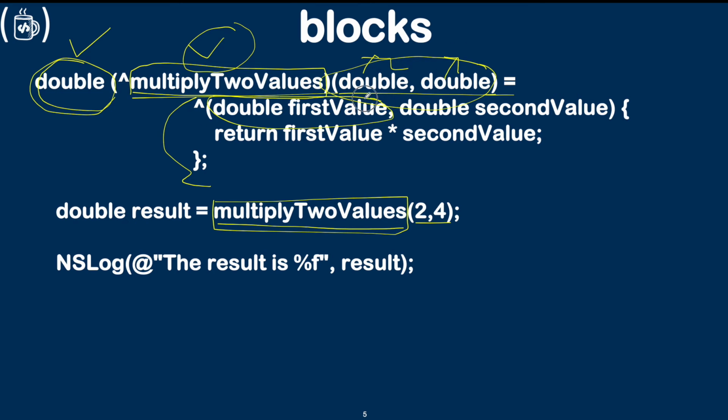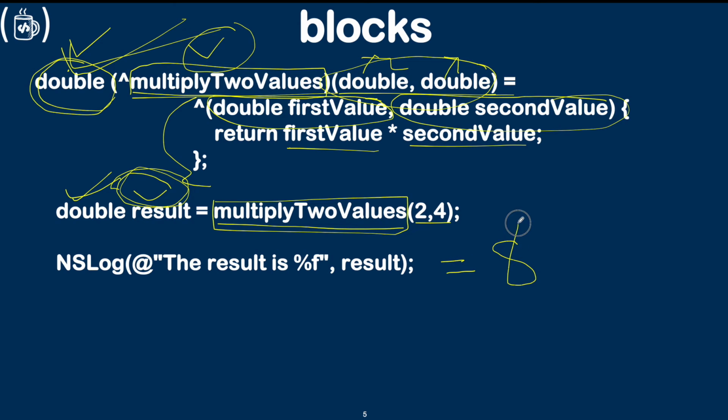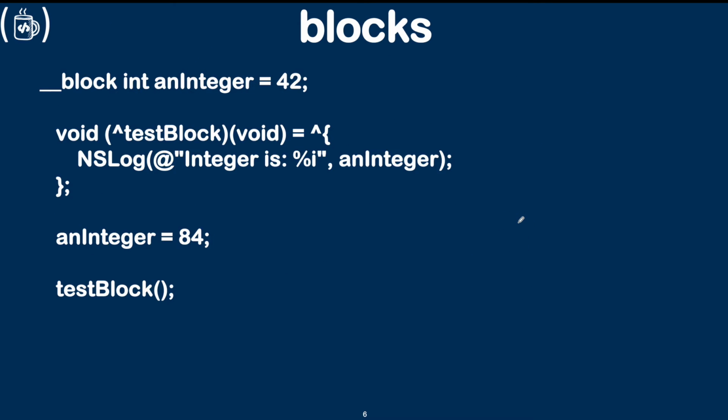What is that? First value and second value. And what will it return? First value into second value, that is 8. So the return type is double. Here the return type is double. So the result will be stored in this. So the output will be 8. Okay, so this one is called the storage block.